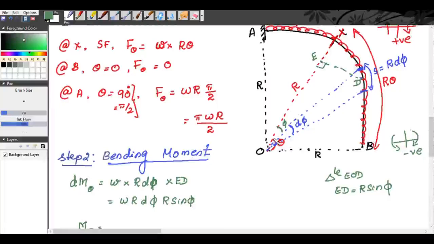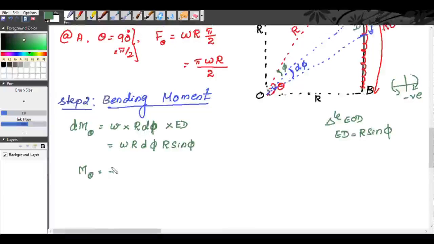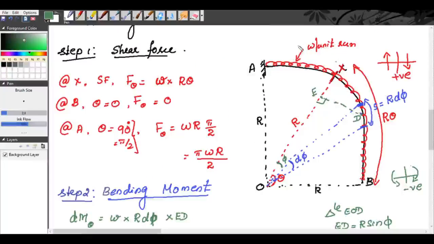M theta means the bending moment at section X is equal to minus, the summation of all the bending moments to the right of X. That is why we are taking the integration from B to X. Since we are taking with respect to the angle, it is from 0 to theta.